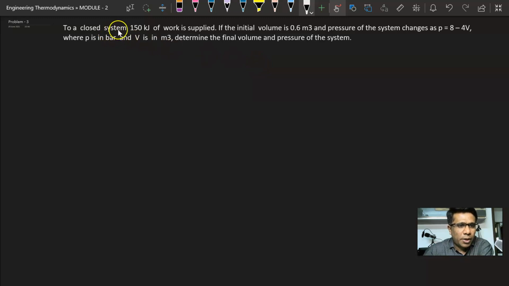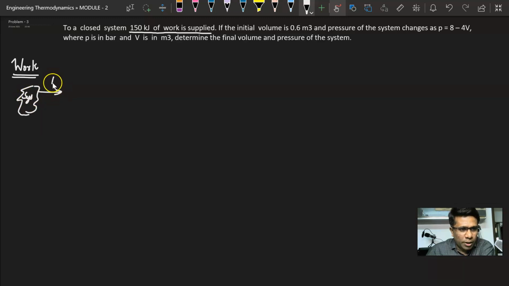Now if you look at the first line, that is, to a closed system, 150 kilojoule of work is supplied. When we are dealing with work, it is very important to understand that when a system, suppose this is a system, gives out work, when it delivers work, it is taken as positive.